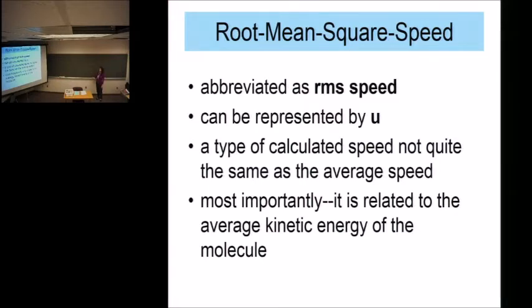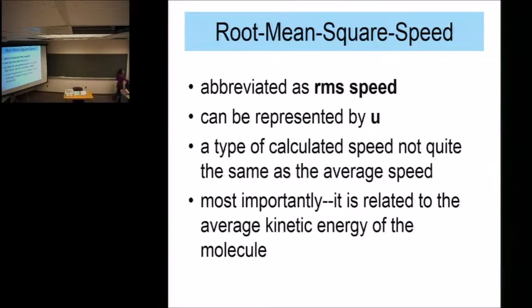Okay, so think of it this way. A heavy particle is moving very slowly, and a light particle is going to be moving very fast. So the heavier the particle, the slower it moves, right?